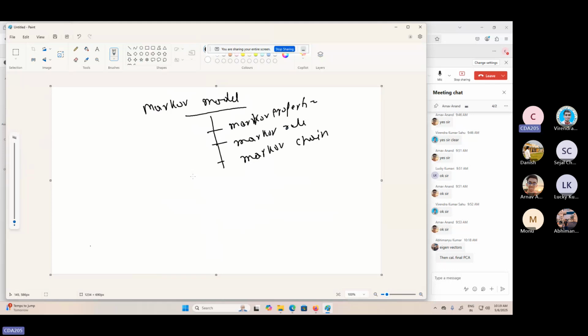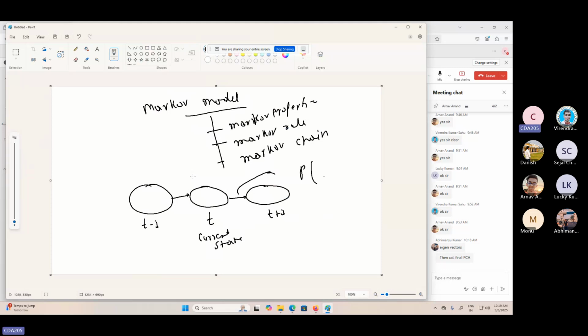We can say that the future state only depends upon the present state, the current state. So the probability of transition, P of x(t+1), depends upon x(t) only. So this is a Markov model.